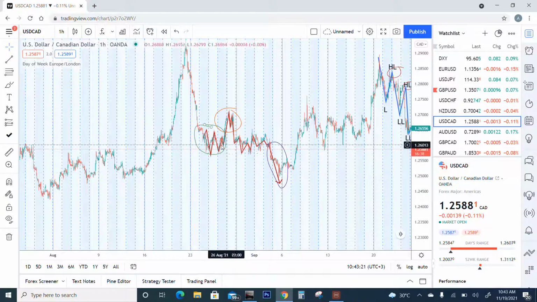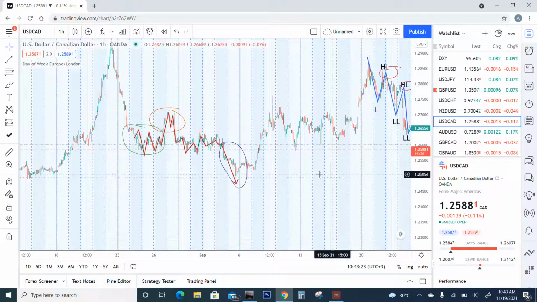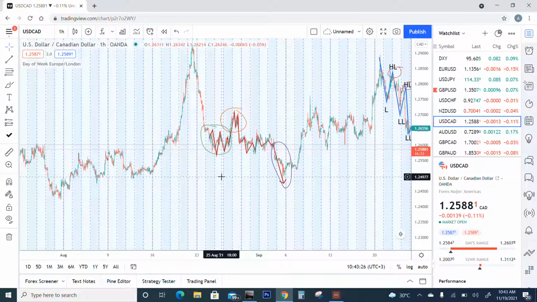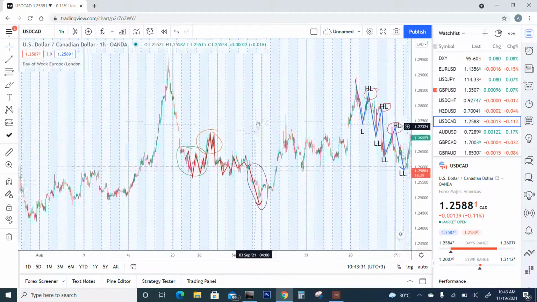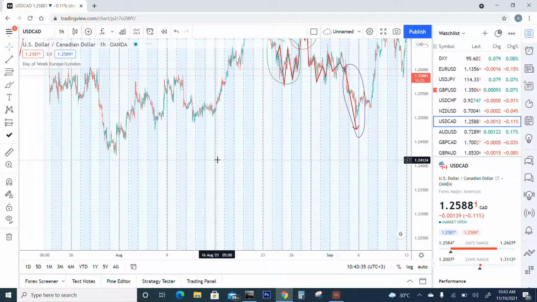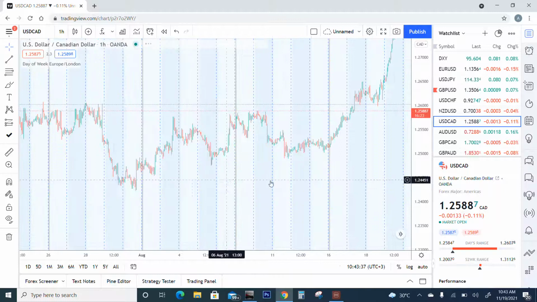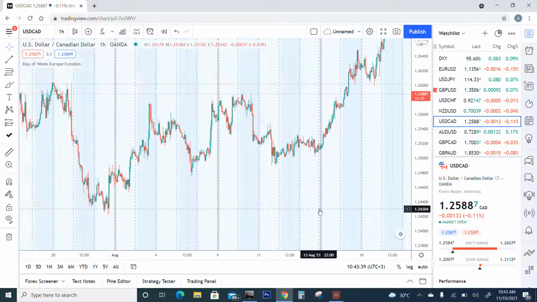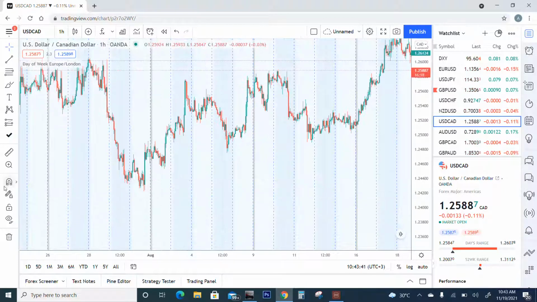So it's a similar structure. Let's go again and again and again. You will see this market structure happen again and again. In the micros, remember, smaller time frame, 1 hour, not 4 hours, so we see them clearly.